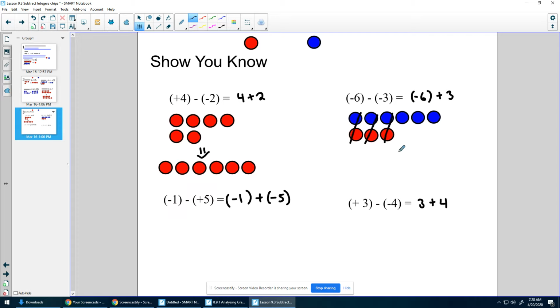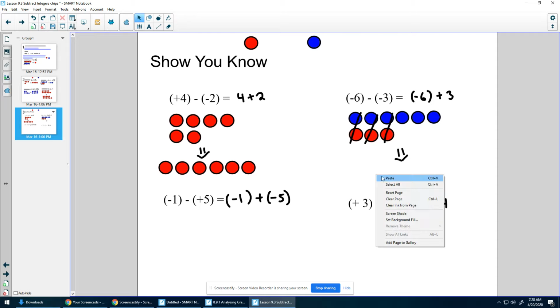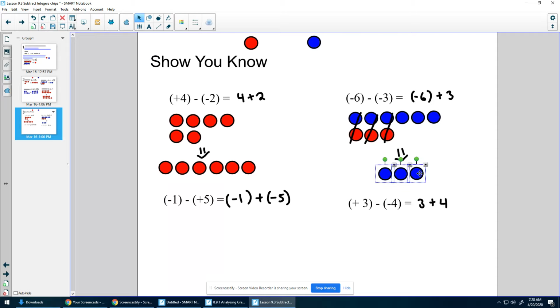Those 0 pairs cancel each other out, and we are left with negative 3.